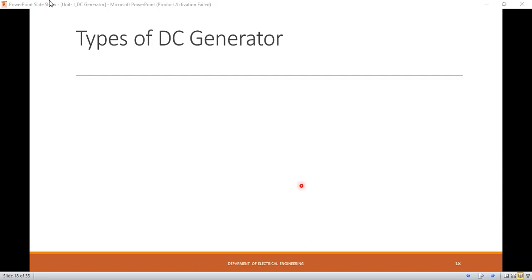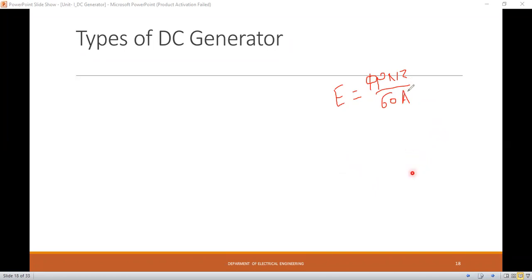This equation we have already derived, that is the induced EMF E, or it can be represented by Ea, equals φPNZ divided by 60A. So this is the induced EMF equation.